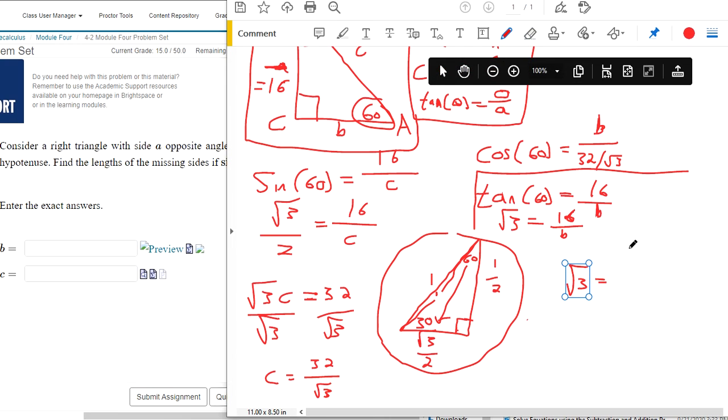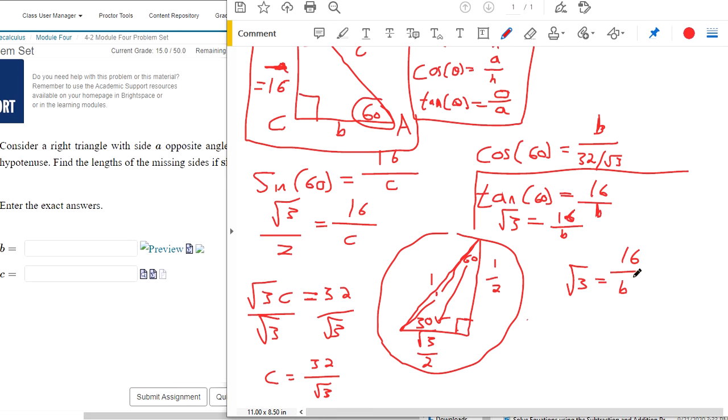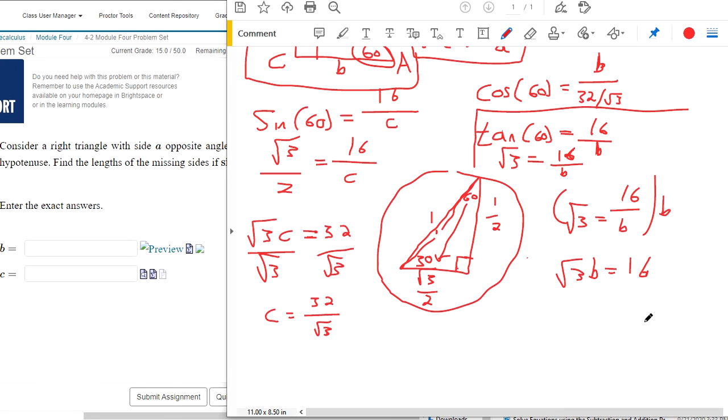Square root of 3 equals 16 over b. So in order to get b by itself, we can multiply both sides by b. So we get square root of 3b equals 16. Then to finish getting b by itself, that's square root of 3 times b, so we're going to divide both sides by the square root of 3. So there's our exact answer for b.